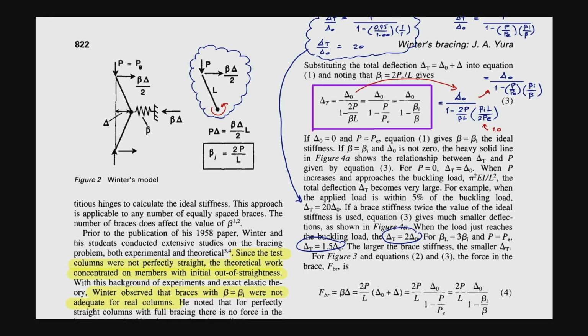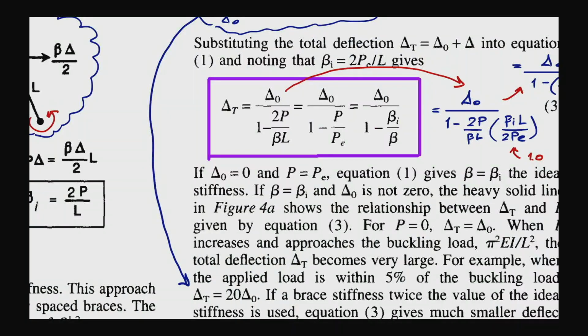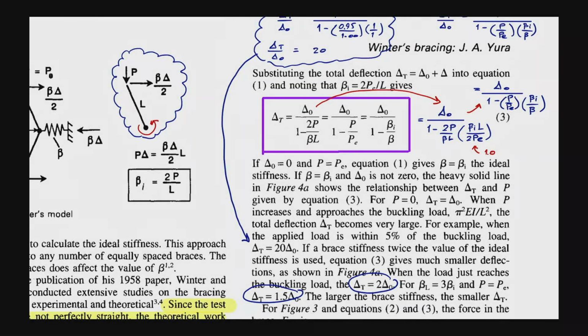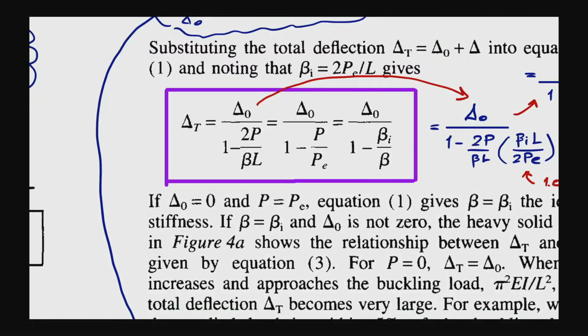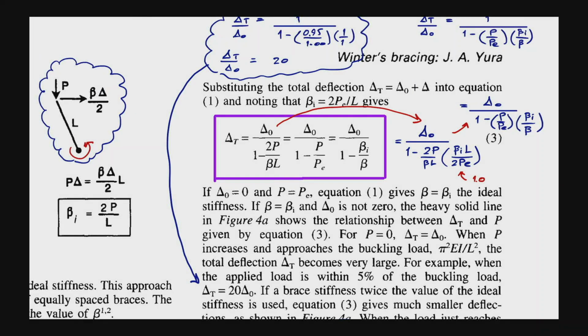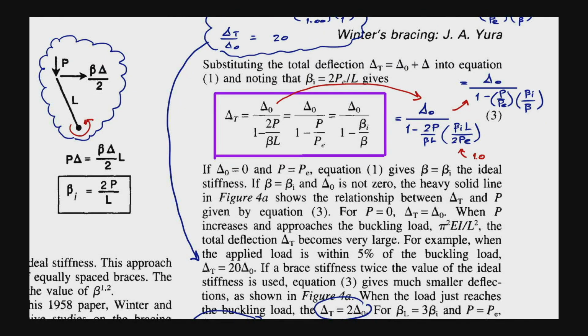So from this point here, we need to put the beta value. So you can put beta equals to beta ideal in there, and if it is the beta ideal, then the ratio of P over PE, the scaling of the P over PE, is gonna be changed, right?